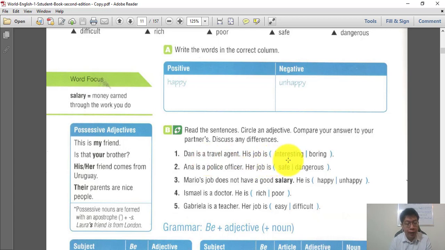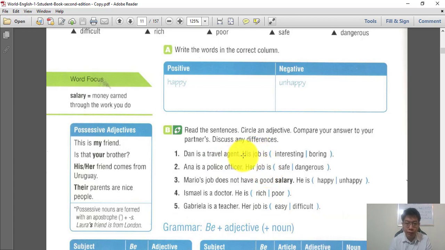Which adjective you choose depends on your own personal thinking. So is a travel agent to you interesting or boring? You can choose the adjective that you think is right. Okay, so this one students can have various answers. It's not only one answer, so it depends on your own answer.